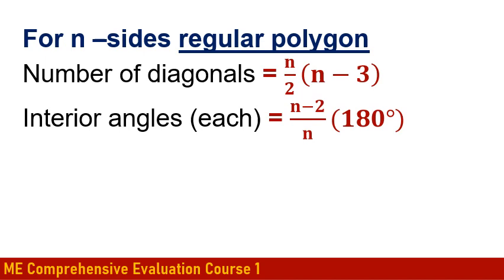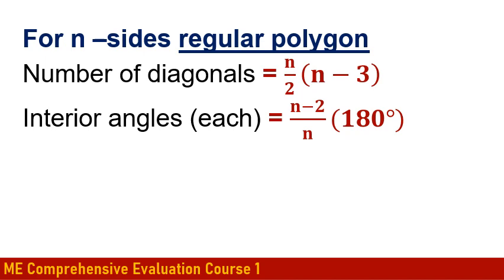The interior angle, the angle bounded by each side of the regular polygon, can be computed using this formula: n minus 2 divided by n times 180 degrees.